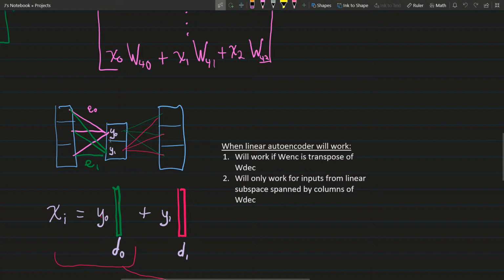So that's kind of the first rule of linear autoencoders.